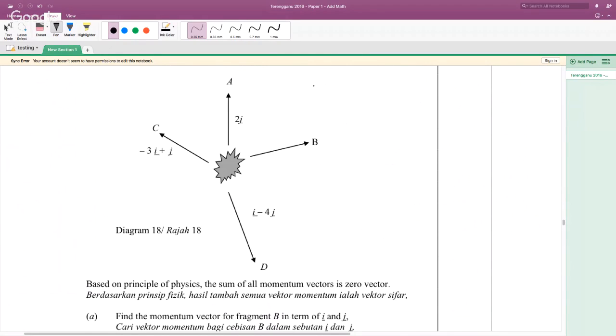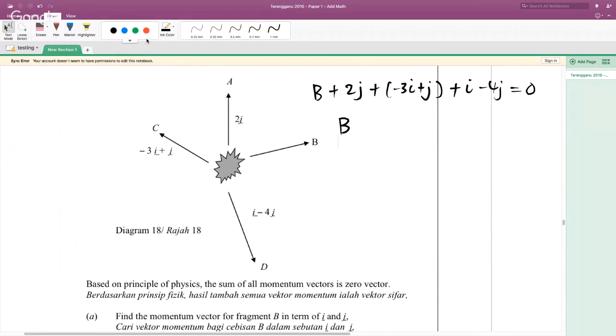So that means B plus 2j plus negative 3i plus j plus i minus 4j should equal 0, because according to the principle of physics, the momentum should become 0. So what I will do is, I want to find B, I will just solve the rest.